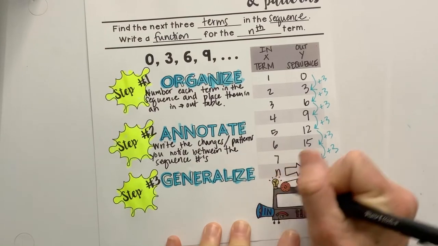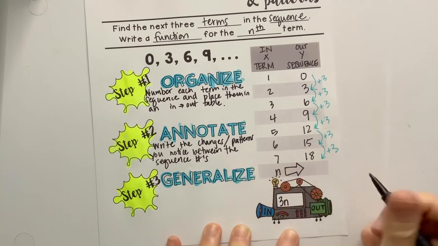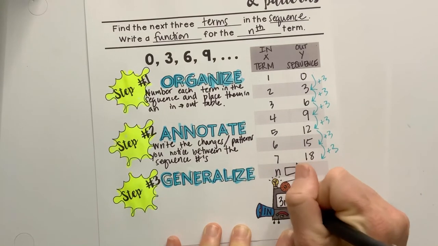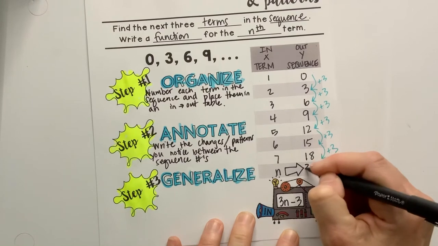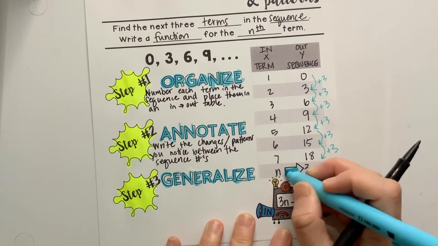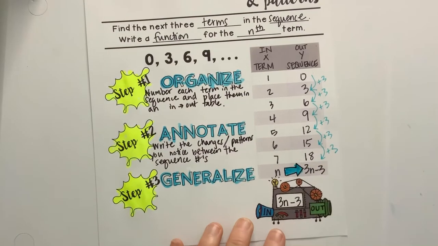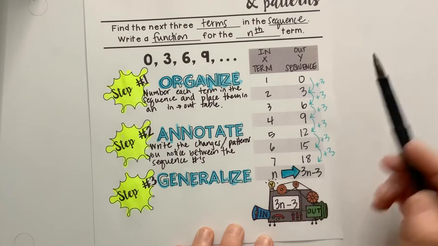My rule to go from input to output is 3n minus 3. Okay, so I can put that here. Remember, your rule or your function is how you get from the input to the output.